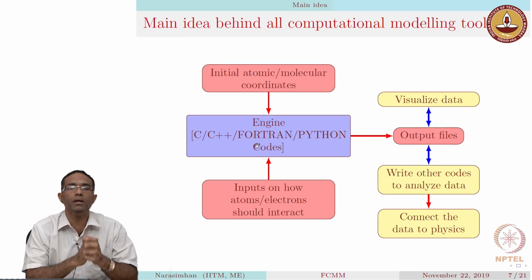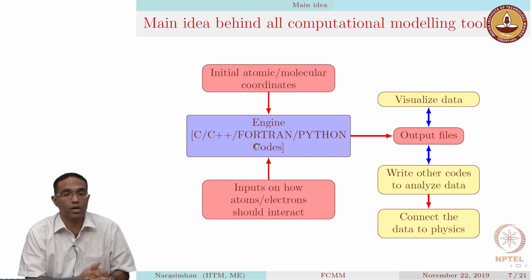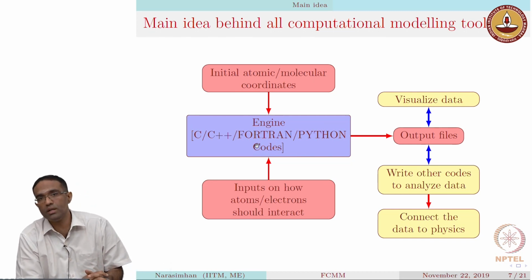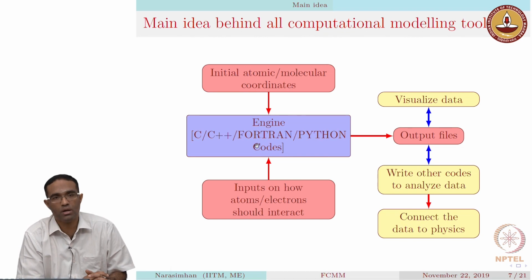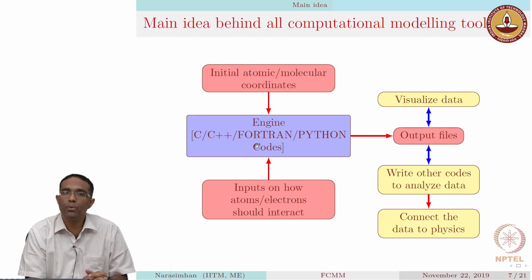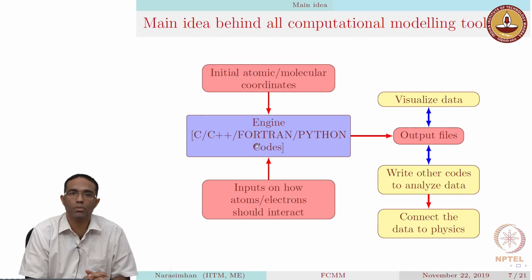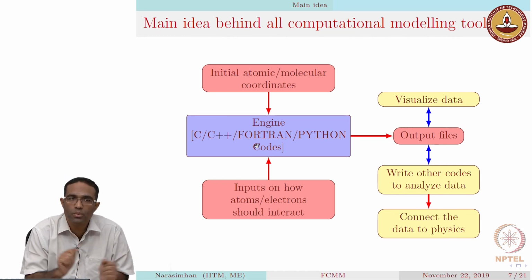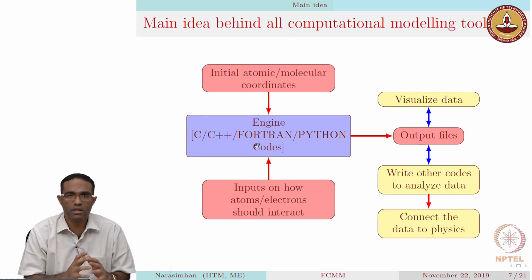We need to provide the positions, velocities, or molecular coordinates as inputs to these codes. And then we need to tell how these atoms or molecules are interacting with each other. These are the two basic inputs that you generally need to provide to LAMMPS.